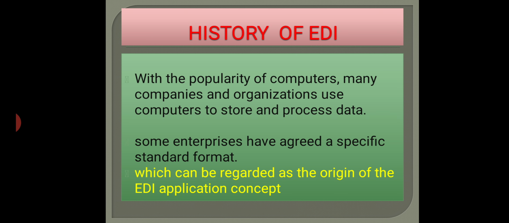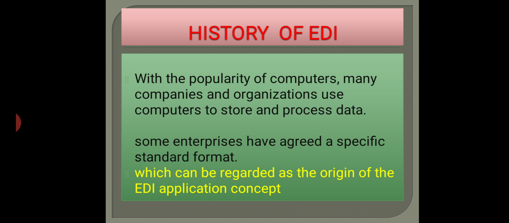Now, the history of EDI. With the popularity of computers, many companies and organizations used computers to store and process data. Some enterprises agreed on a specific standard format, which can be regarded as the origin of the EDI application concept.